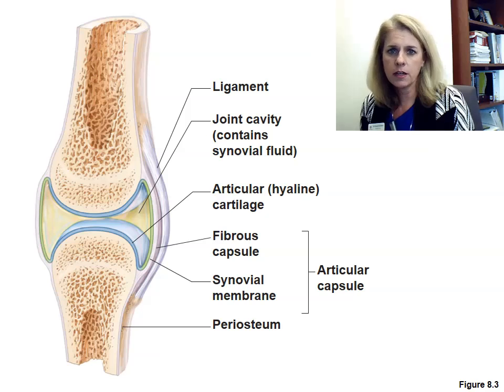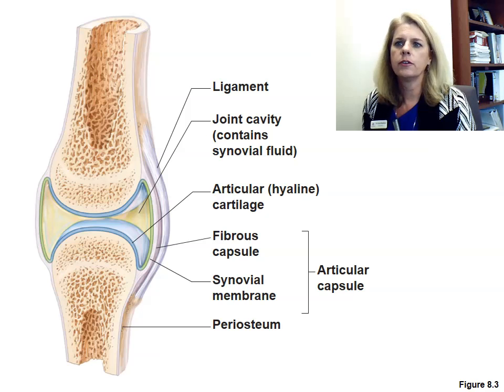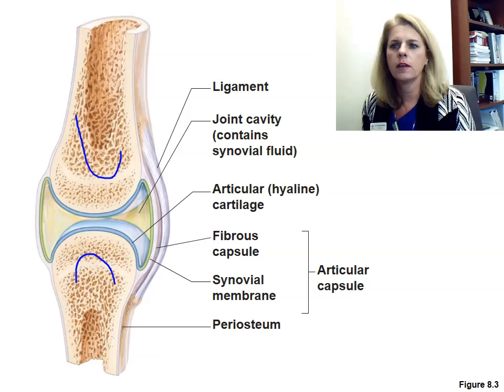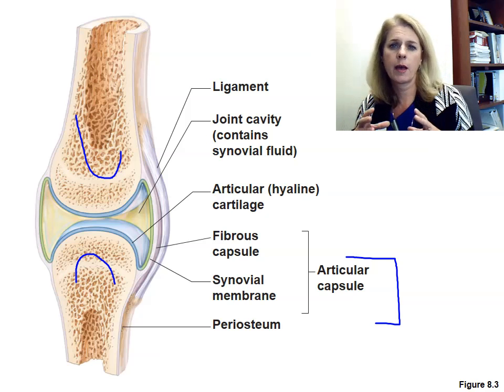When you look at a synovial joint, it gives you an idea of what's involved in making one. So here's a bone, and here is a bone, and they're connected by what's called an articular capsule. Basically you've got to have some kind of capsule that will hold that synovial fluid in.